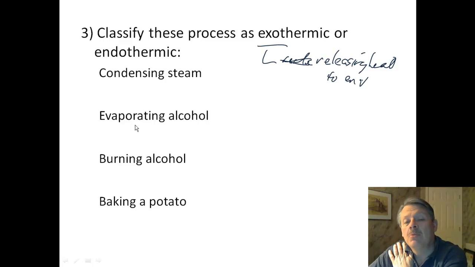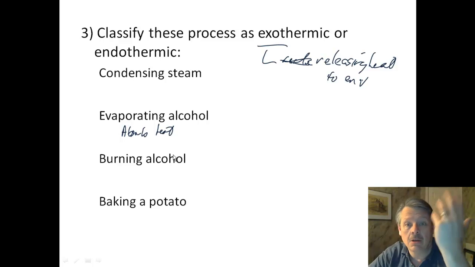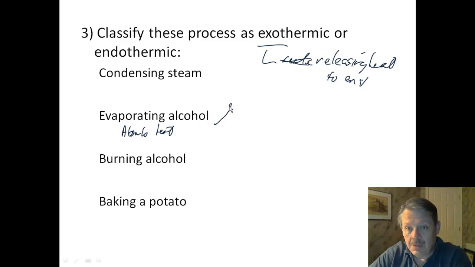If I'm evaporating alcohol, that means the alcohol has to be absorbing heat. Because for it to evaporate, it has to gain heat to be able to leave the alcohol. Okay? So those particular molecules that are going to evaporate have to gain heat. So as a result, this is endothermic.